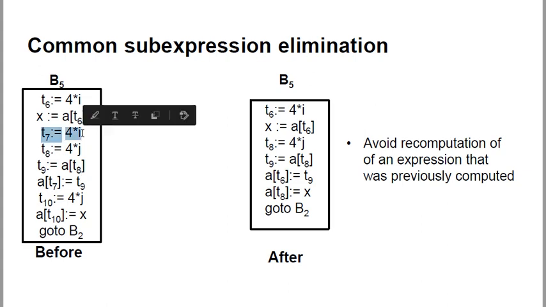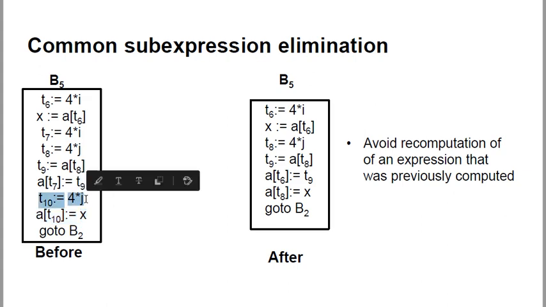The first is T7 is equal to 4 into i, and the second is T10 is equal to 4 into j. If we eliminate these two expressions, then the code will be modified as such. See here, only one time the value of 4 into i is computed and stored in the temporary variable T6. Similarly, 4 into j is stored in the temporary variable T8. For the rest of the assignments, instead of T7, we write T6.